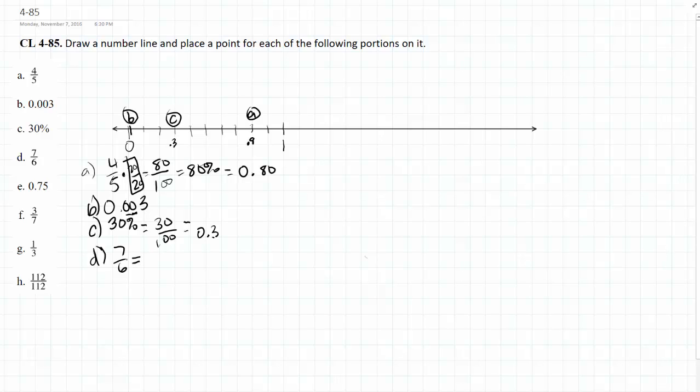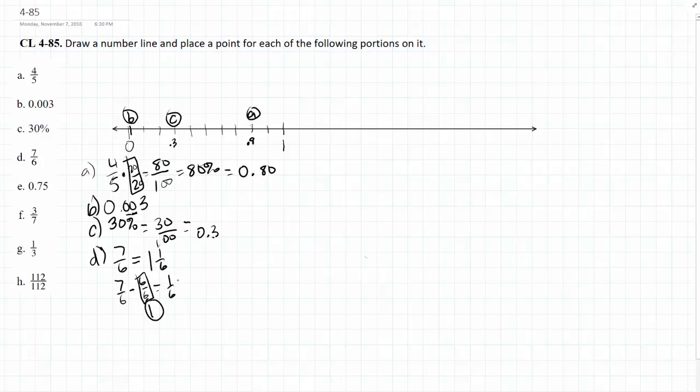If I have 7/6 and I take away 6 pieces, 6/6 is 1 whole, that's a giant 1. So if this is 1 whole, we're going to have 1/6 left. So we'll have 1 and 1/6.